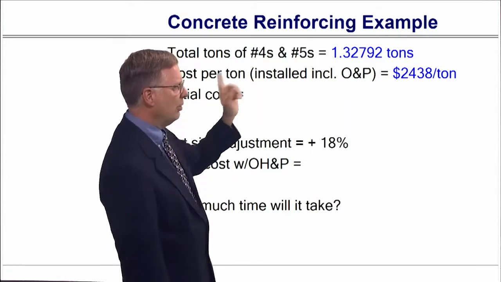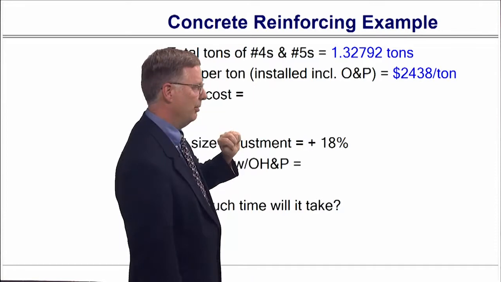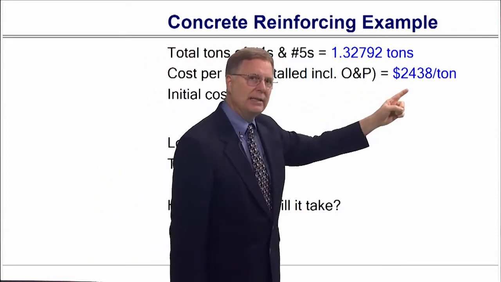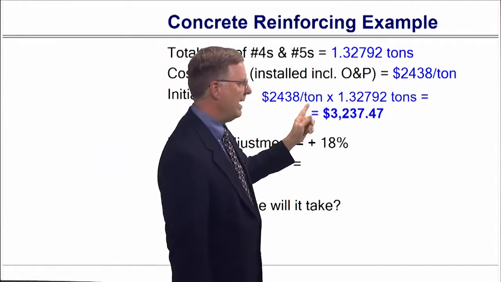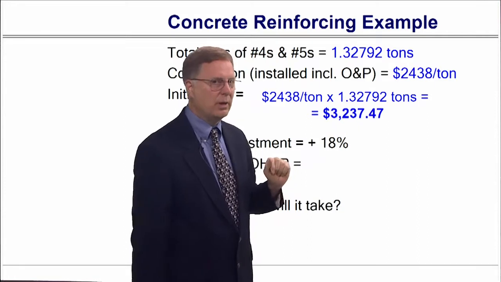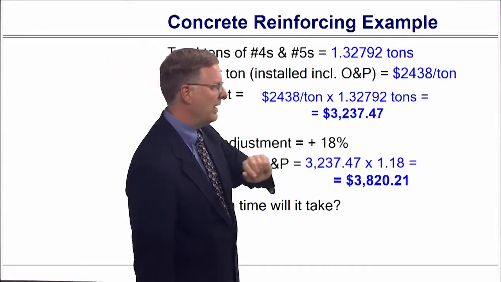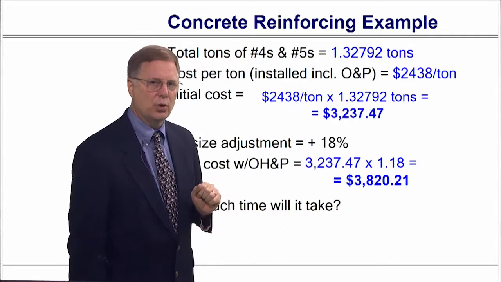So we have a total of 1.32792, or I've added those two together. Now we've got the cost per ton. So my initial cost would be 2,438 times the tonnage. That's what it would be, but remember we've got the additive, so we're going to multiply times 1.18, and my price is $3,820.